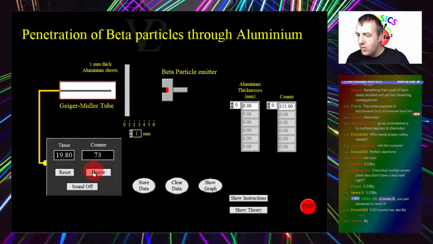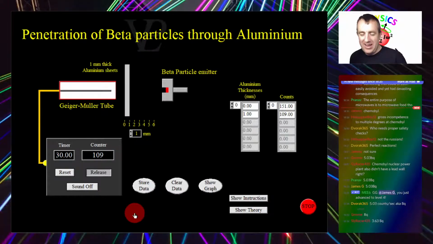Do you reckon I'm going to be able to freeze it dead on 30 seconds again? I don't think I'm going to. It's very exciting. 29. Look at that. There we go. So 1 millimeter thickness, and we've got 109 counts in 30 seconds.